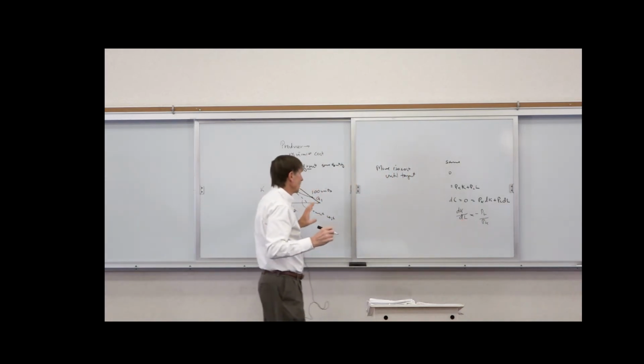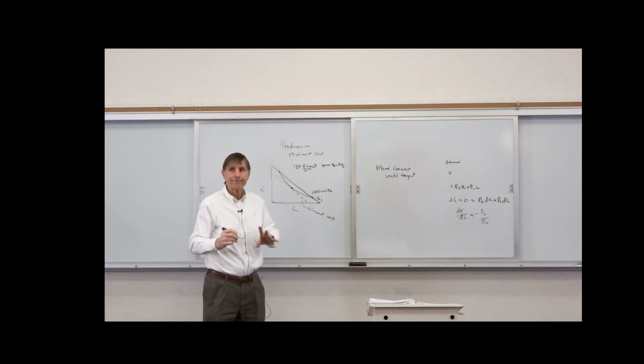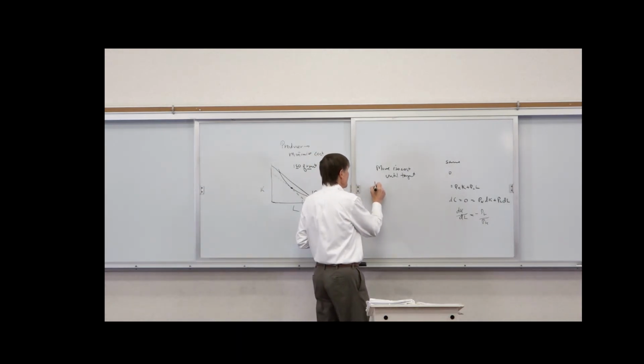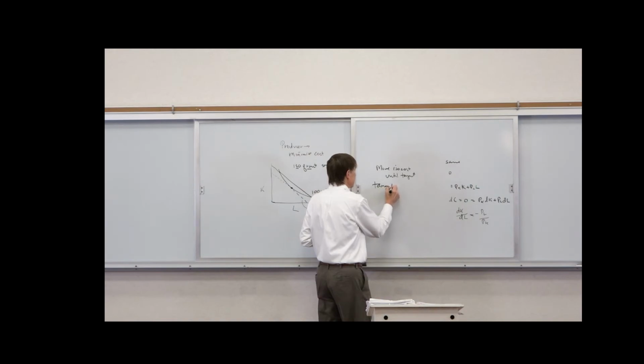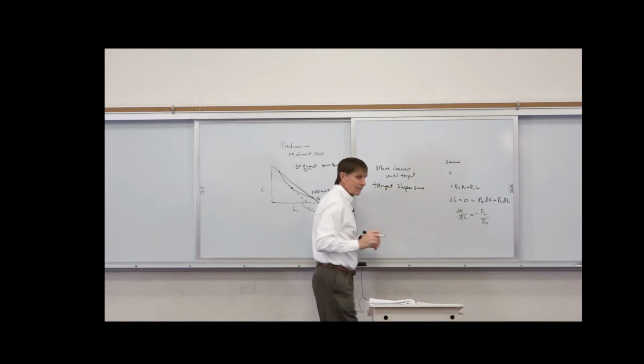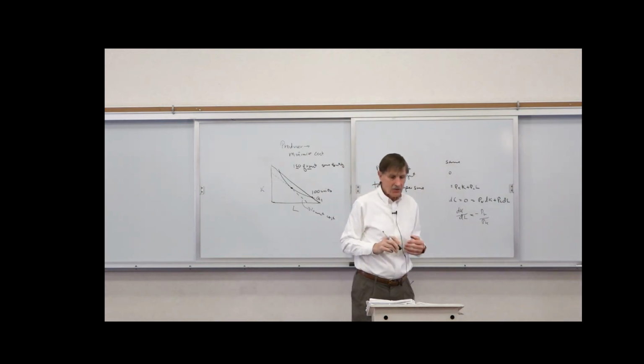And when they're tangent to one another, the slopes are the same, right? So when they're tangent, the slopes are the same, and so what are you going to end up with?